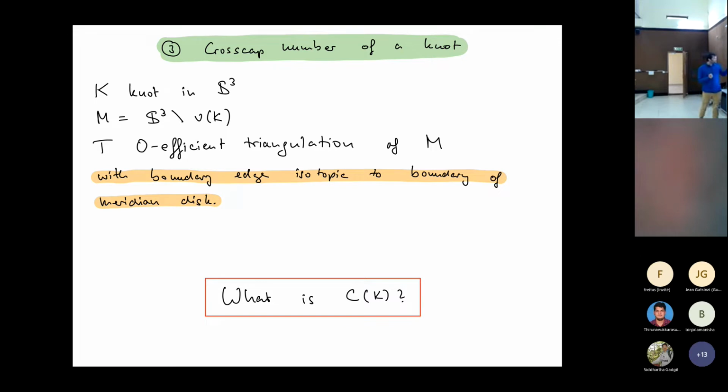We can turn the zero efficient triangulation into a triangulation where the meridian runs along an edge in the boundary. With this, we can make sure that we cannot have a boundary compression as part of a normalization when we have an incompressible but possibly boundary compressible fundamental normal surface. Anyway, that's a technical thing.